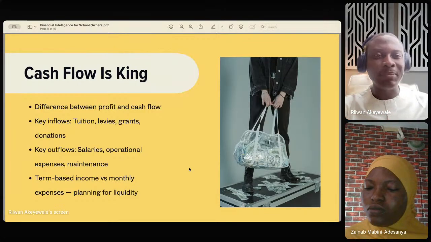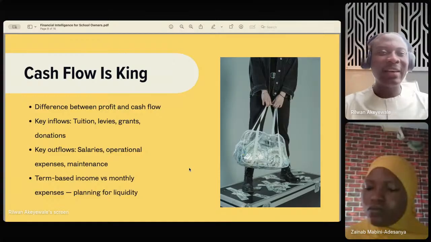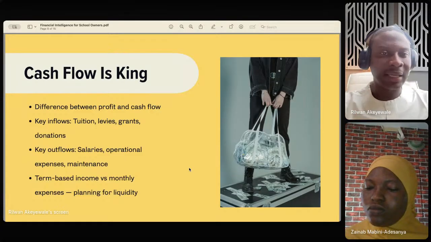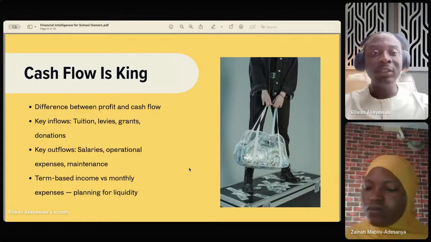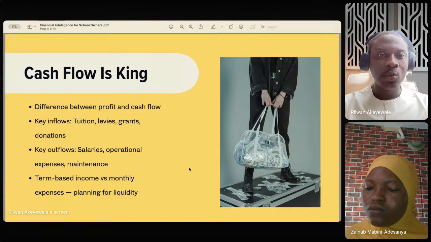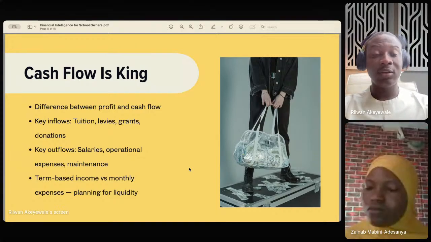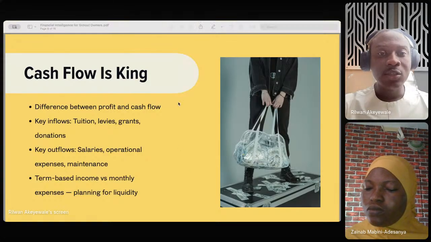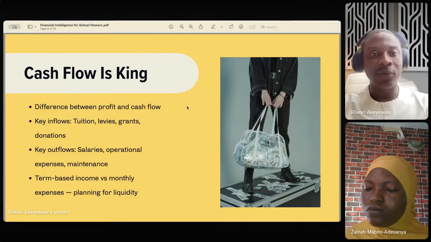But we all know that in business, revenue doesn't always equal the amount of money in your bank, because some parents will not pay at all. Some of them will pay half. Some of them will pay maybe one third or even one quarter of that school fees that you billed them, of that supposed revenue.